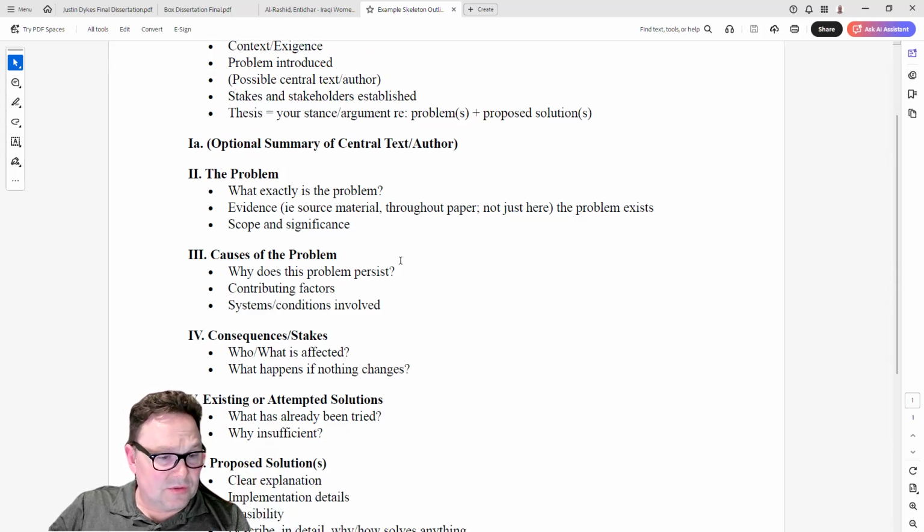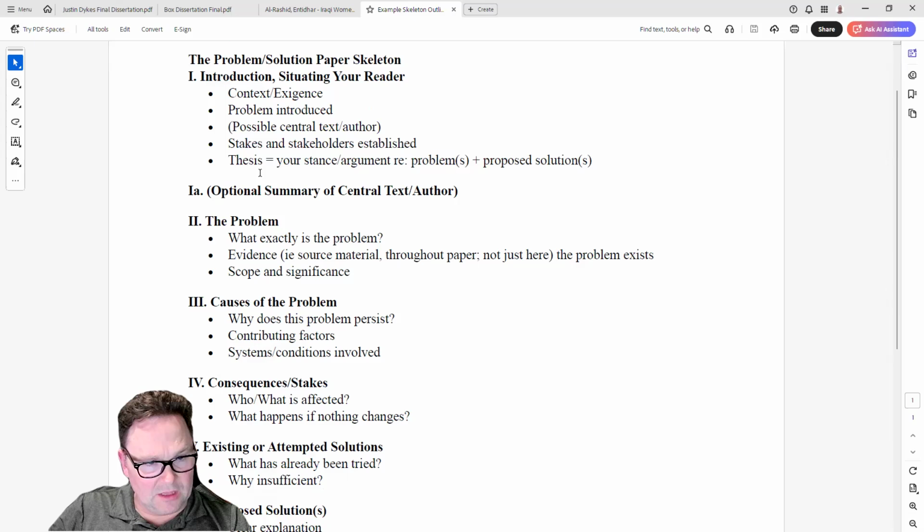The next section, I'm trying not to think of these necessarily as just paragraphs. Maybe some of them could be, probably not. These are more like sections of your paper. So you'll have this section where you explain and describe what the problem is associated with your topic, the thing that you laid out up here.